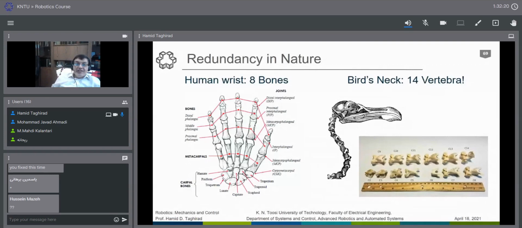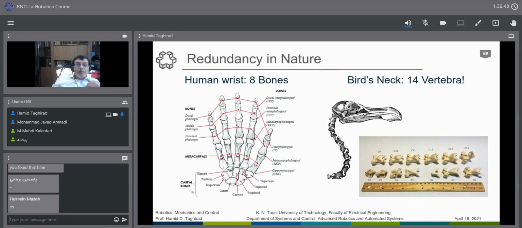And also for the wrist. If you look at the physiology of the wrist, you will see that there are 8 bones in here. 1, 2, 3, 4, 5, 6, 7, 8. And these 8 bones, we call carpal bones, for 3 degrees of freedom.